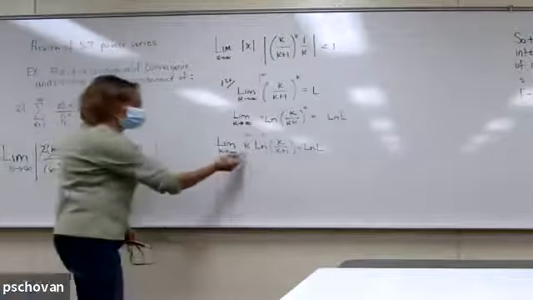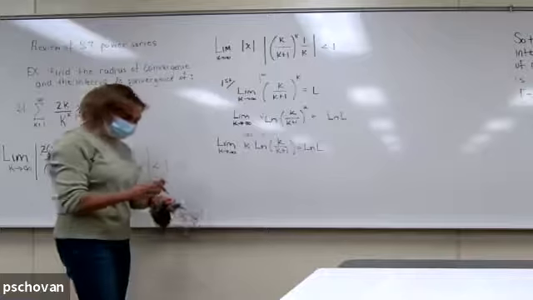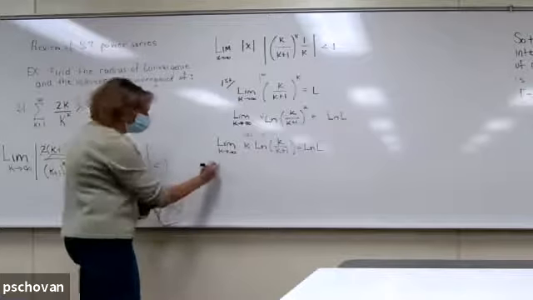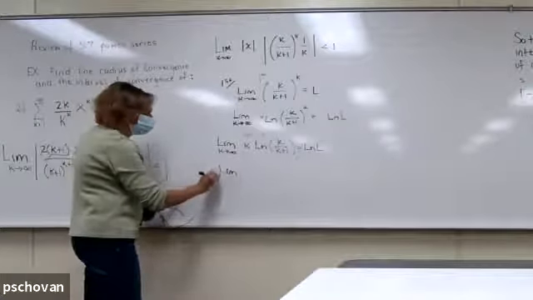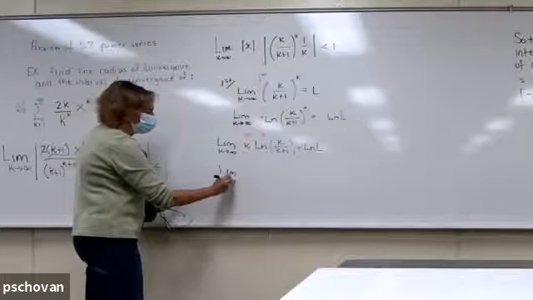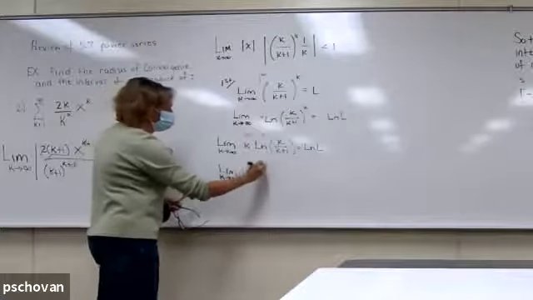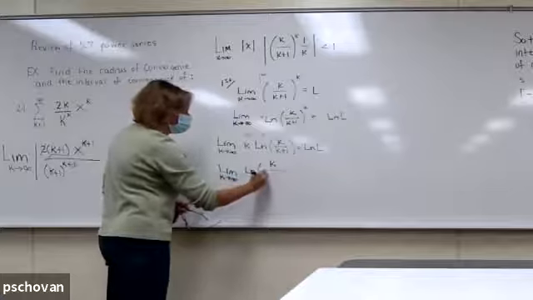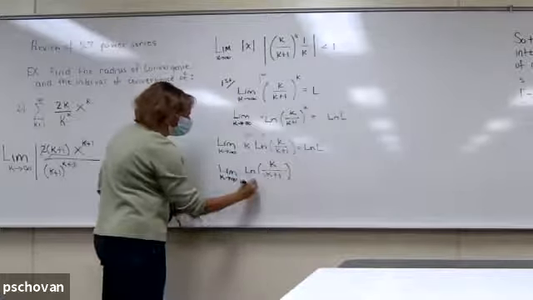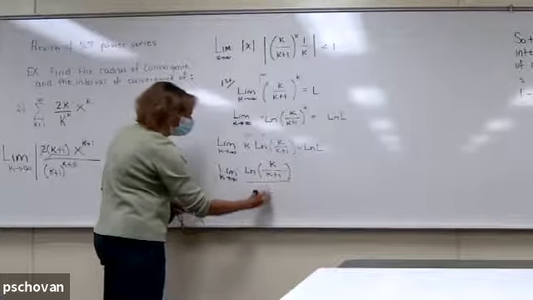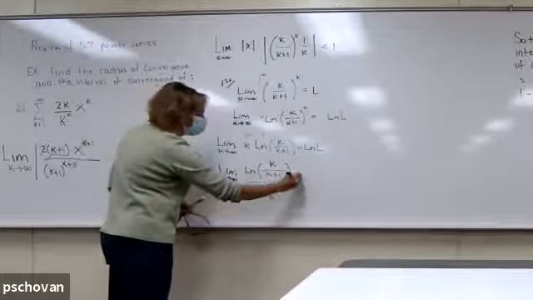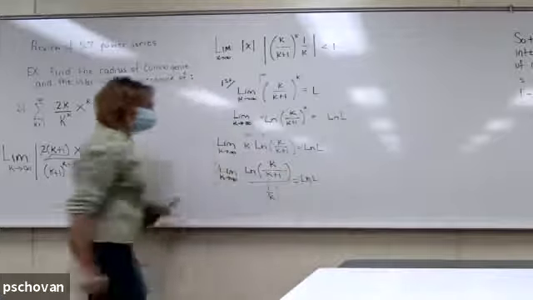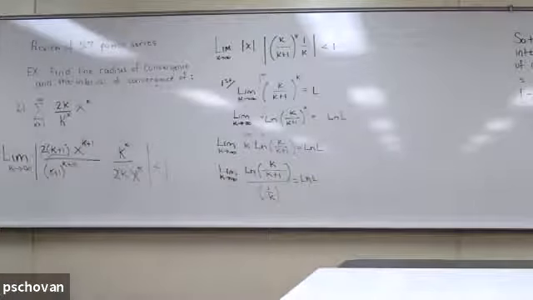And so our next step is to take this k and put it underneath the logarithm as a 1 over k, so that it has the right form for L'Hopital's rule. It now has the form of 0 divided by 0.